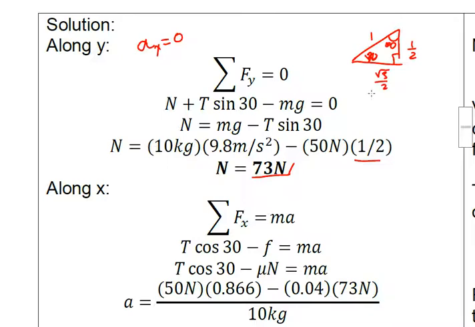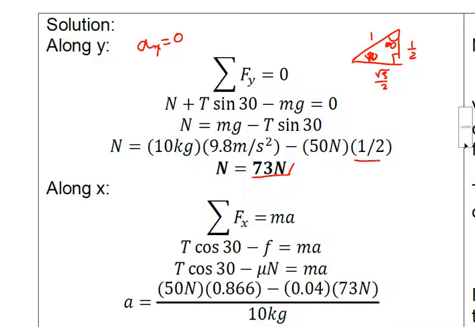If in case you have no calculators and the given is a special triangle, you may opt to use this technique. So the forces along y are now summed up, and we come up with the normal force to be 73 Newton.